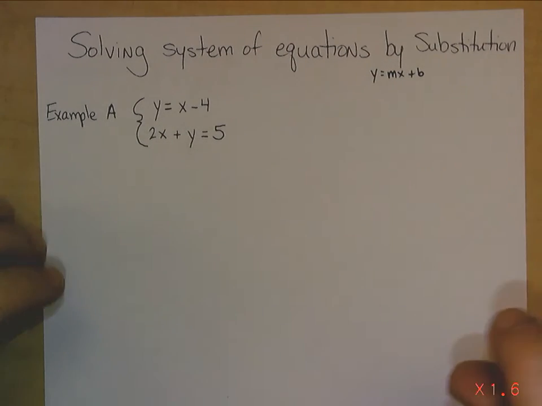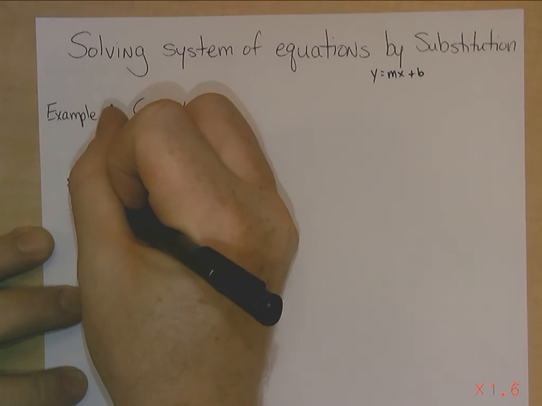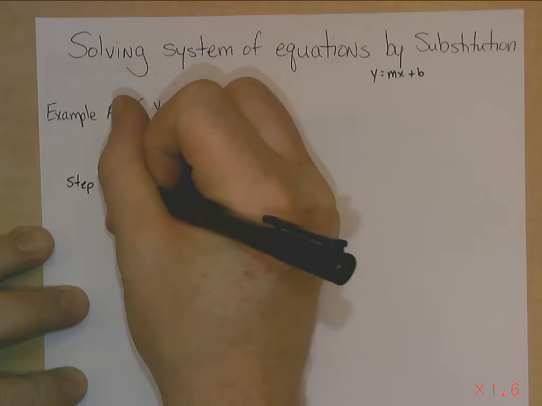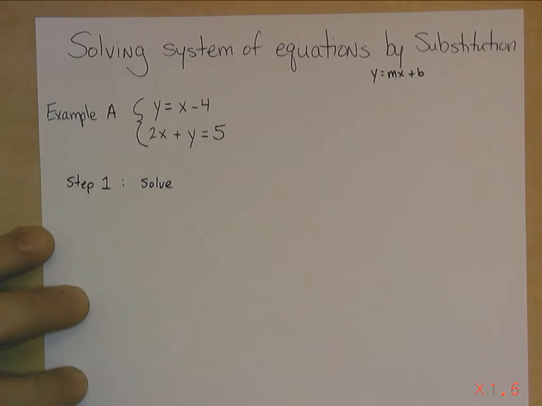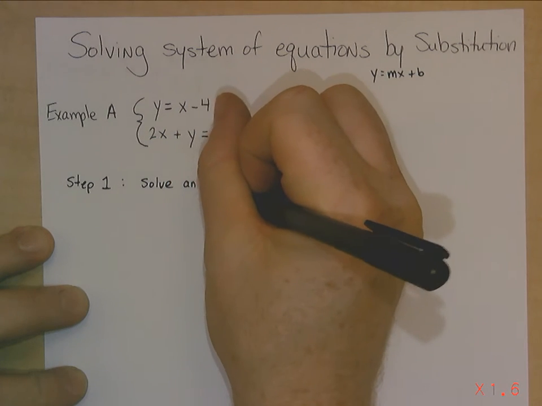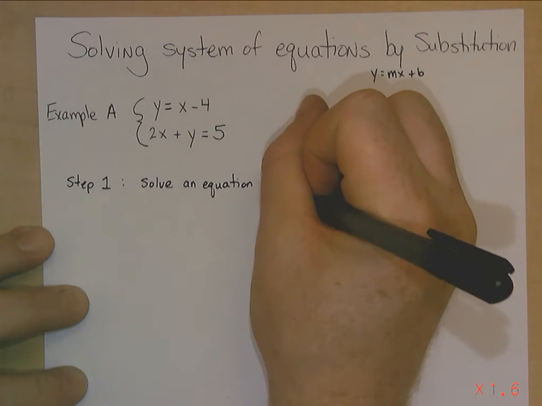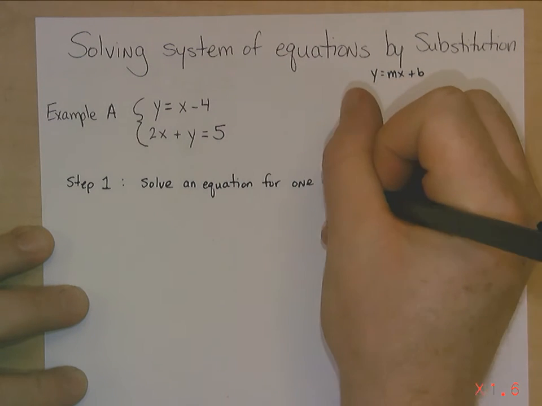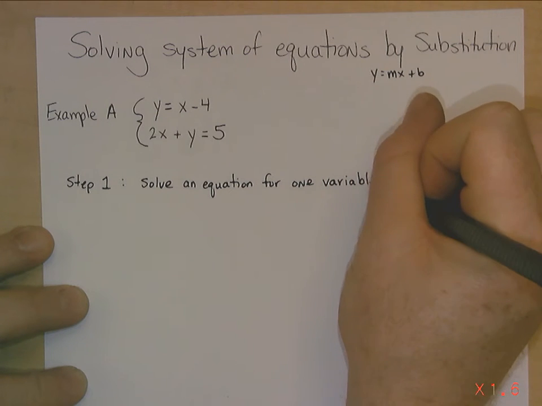So the first step in doing this is, step one, we have to solve an equation for one variable. And it can be any variable you want. You only got two of them, so x or y.